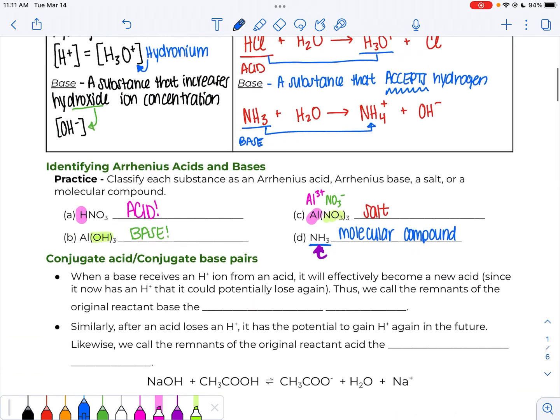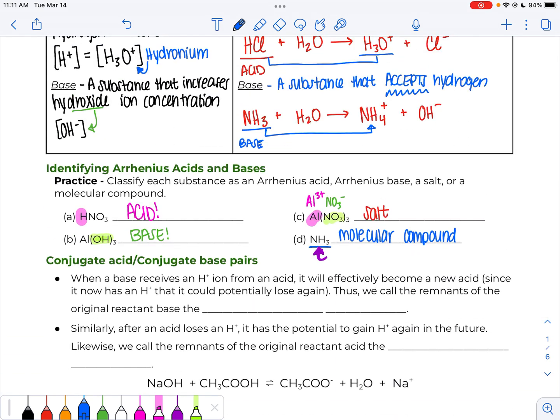So when this happens, you have an acid reacting with a base. You produce two new species at the end, and we give them names as well. So when a base receives an H+ ion from an acid, so our ammonia is our base receiving an H+ from water, it's effectively going to become a new acid because now it has that extra proton that it can donate back.